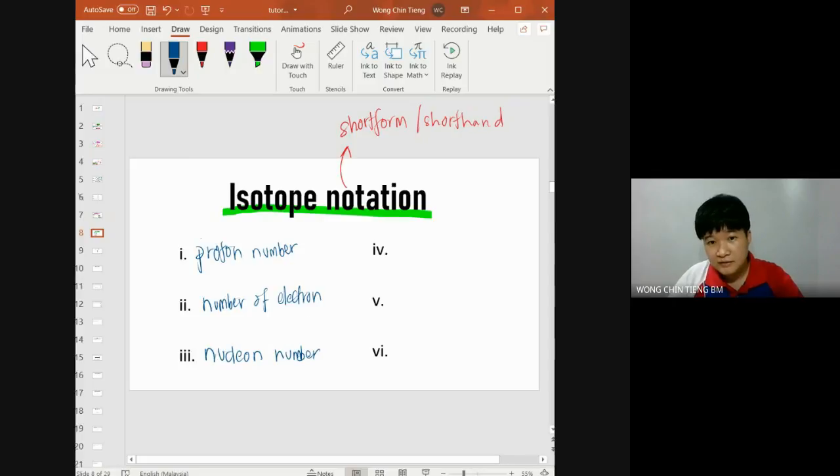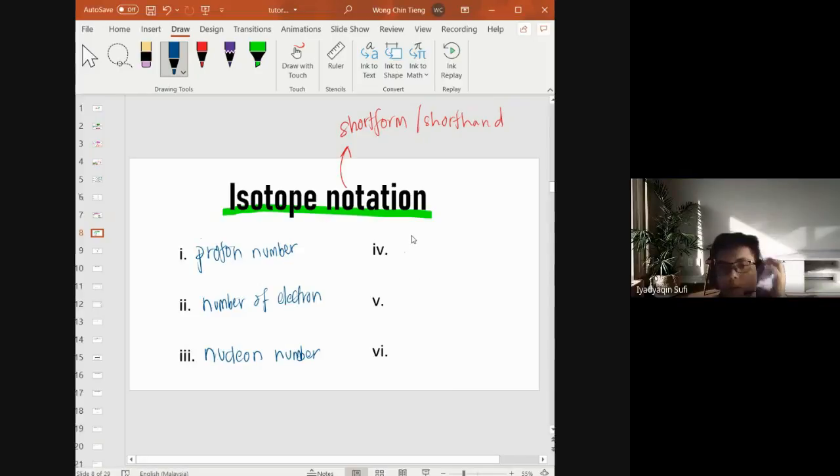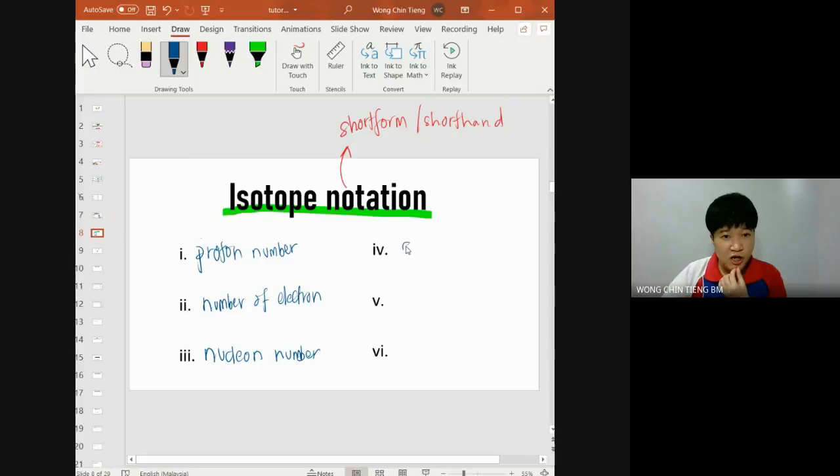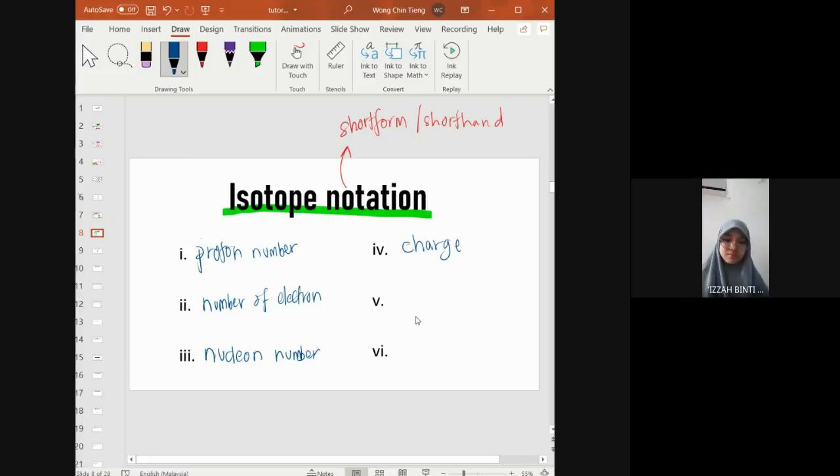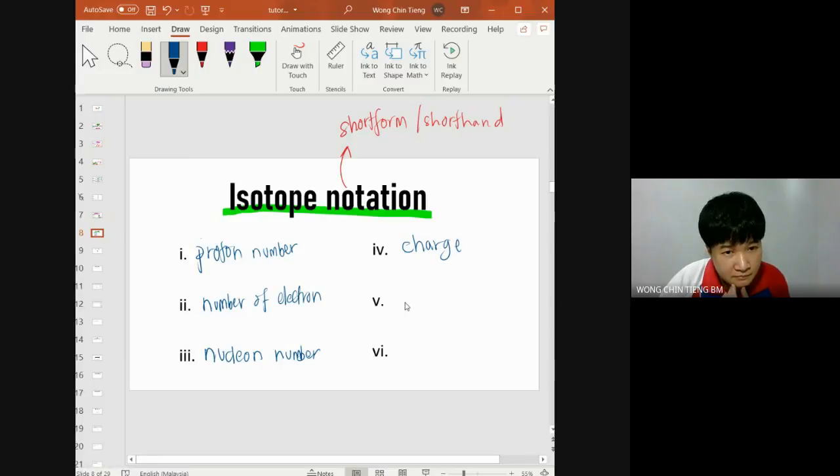Boys lagi. Siapa yang saya tak panggil lagi? Iyat. Charge. Charge. Hizam? Neutron number.